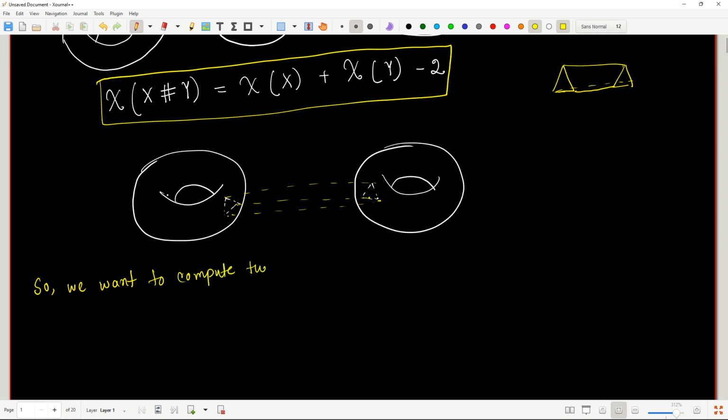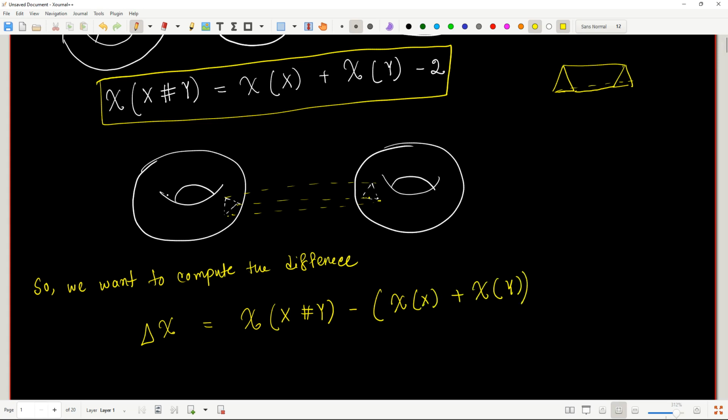Let's call that difference delta chi, which is denoted by chi of x hash y minus chi of x plus chi of y, right?